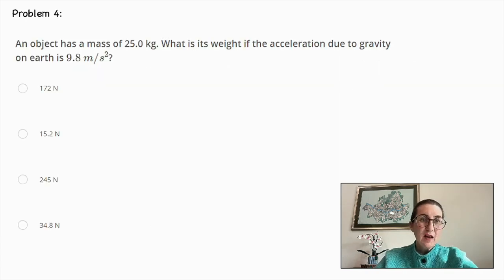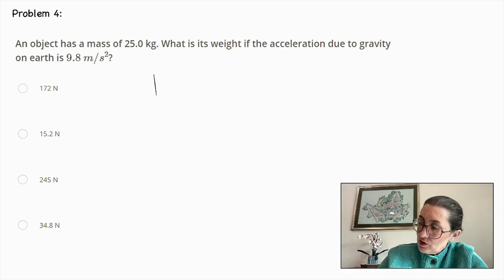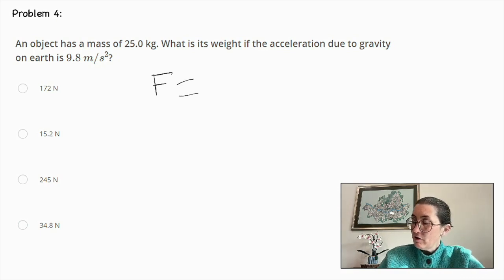Problem number 4. An object has a mass of 25 kilograms. What is its weight if the acceleration due to gravity on Earth is 9.8 meters per second squared? So now we have force equals mass times gravity.